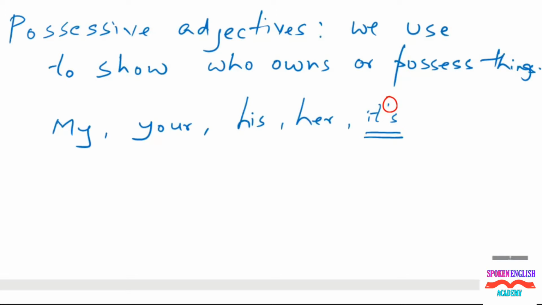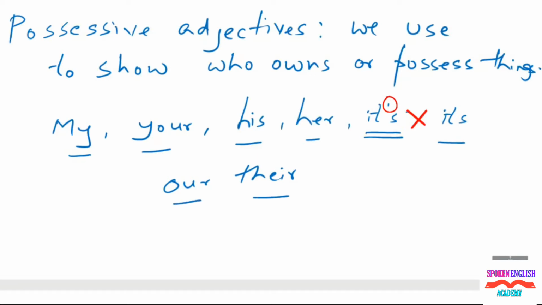So we use its. So my, your, his, her, its, and our, and their. Okay, so these are the common possessive adjectives.